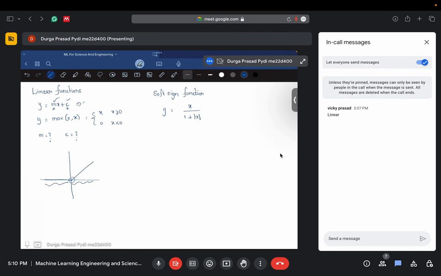If you plot this, if x is positive, this value is going to be half, and if x is negative, this won't be defined.